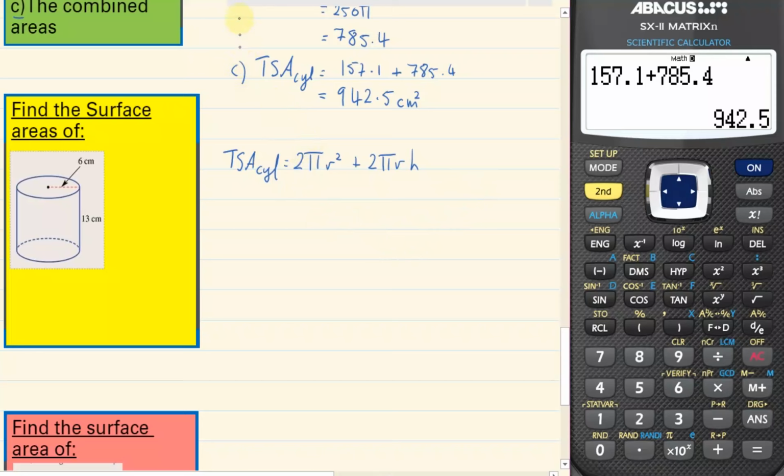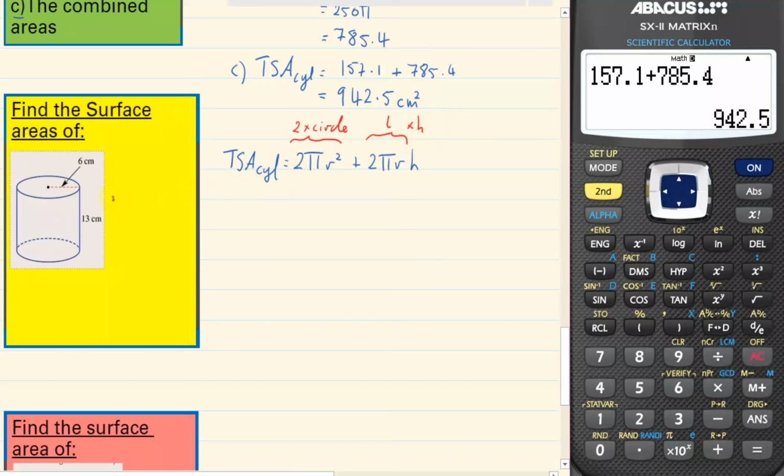Okay. So what that effectively says is in this first bit we've got 2 circles, and in this second bit, that bit there is the equivalent of the length times the height.